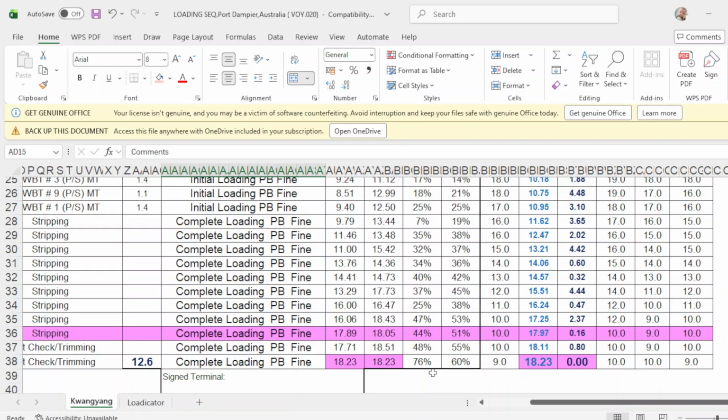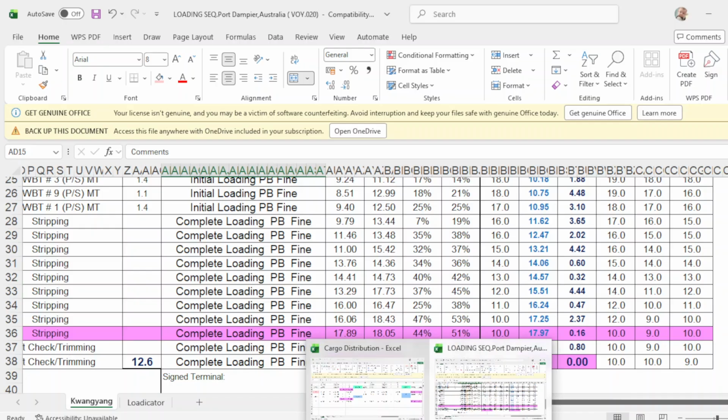Until you reach the drop of 18.23 meters, and your bending moment is 76%, and your shearing force is 60%, and you will have a deflection of 0 or 1%.